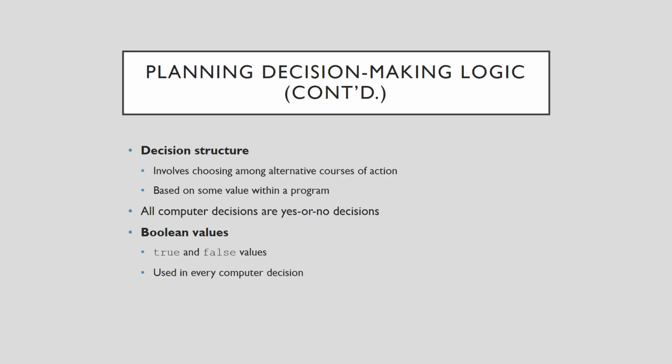Now, for planning decision-making logic, we have to consider the decisions, which involve executing among the alternative steps, but of course, based on some value within the program. And that value includes the decisions which evaluate either true or false.